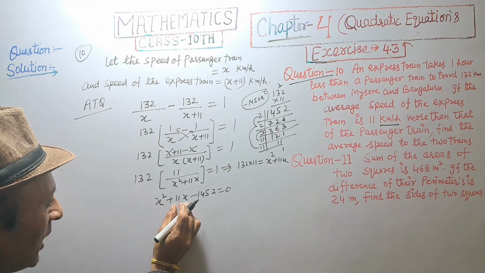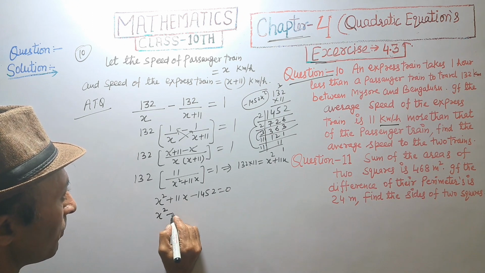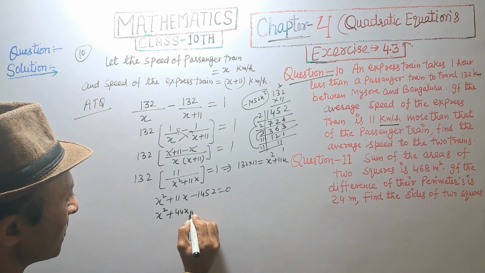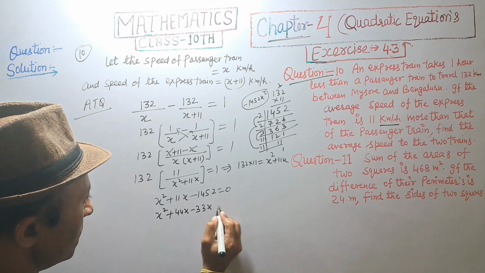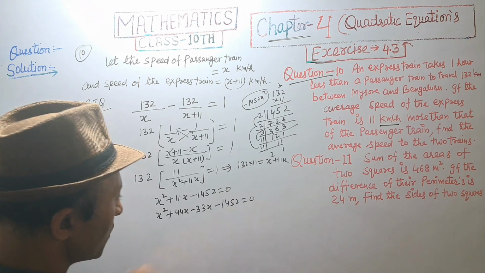We are splitting 11x, so x square plus 44x minus 33x minus 1452 is equal to 0.